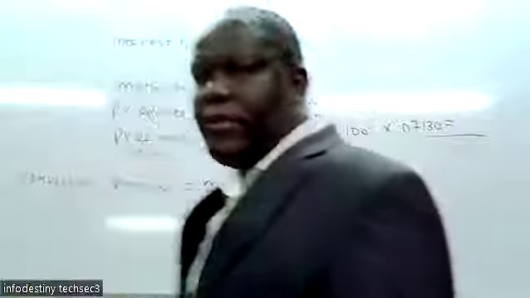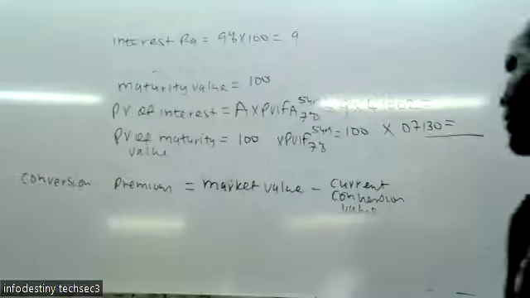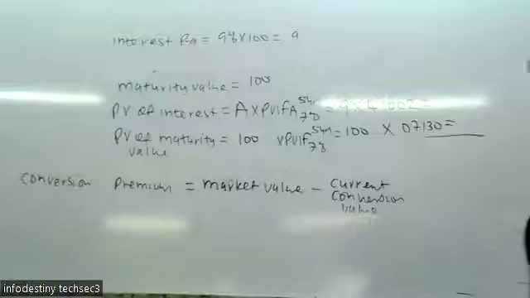So to get the conversion premium, you simply get market value minus the current conversion value.